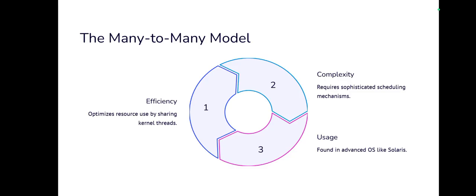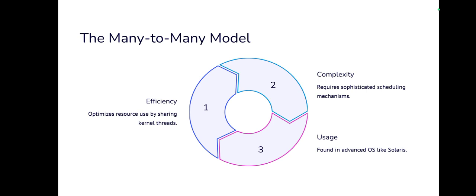The next and third model of multi-threading is the many to many model, which means many user level threads are mapped to a smaller or equal number of kernel threads. How it works: the system allows many user threads to be multiplexed over a smaller or equal number of kernel threads.